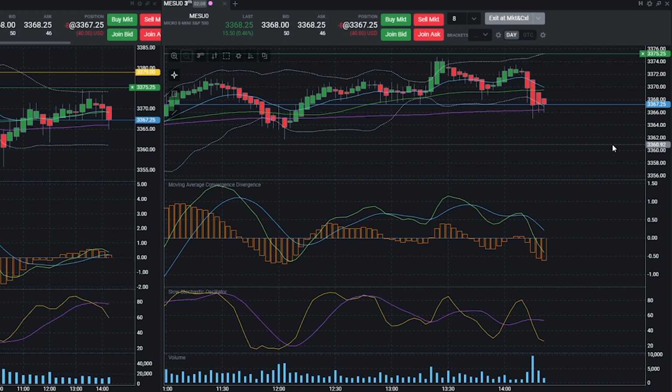The reason for that is I'm using confirmation across 2 time frames. Another way to do it is, if you are not sure of your position, you can always trade in with a smaller amount of contracts, and then as you get more confirmation, either on your oscillators or on your volume chart, you can always add to your position.